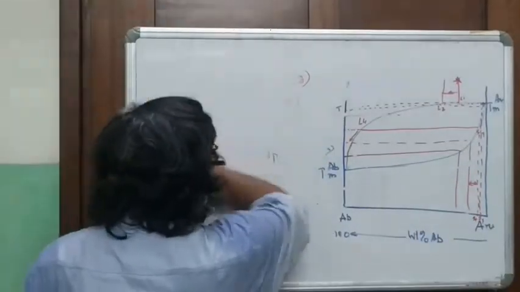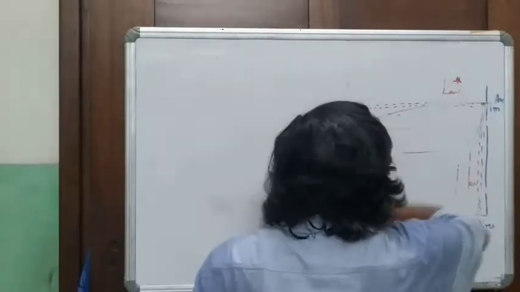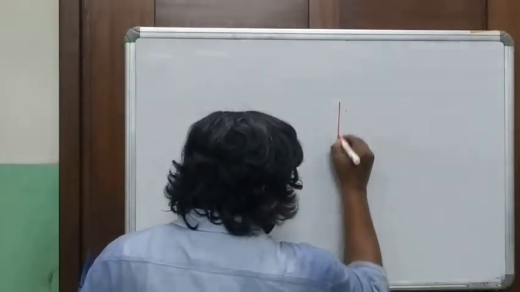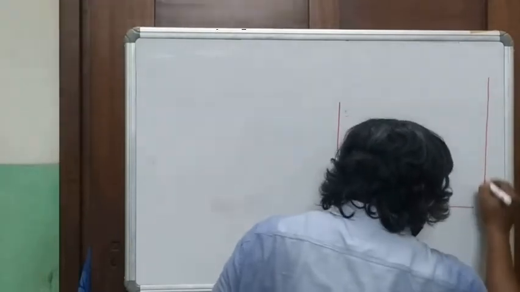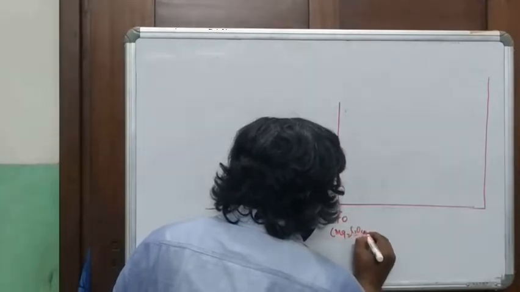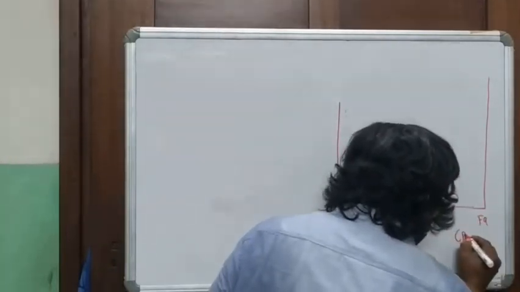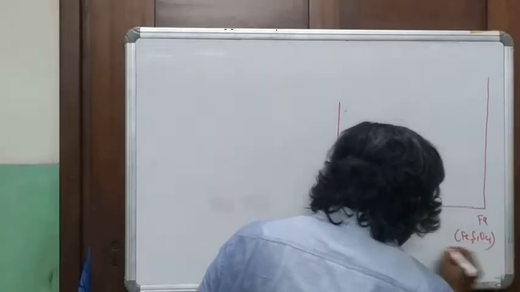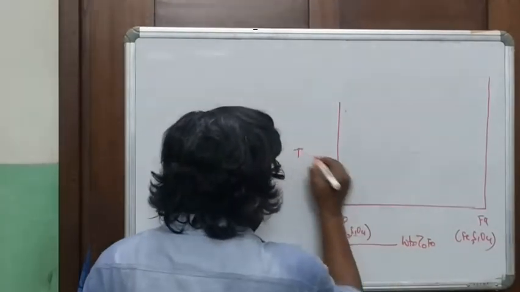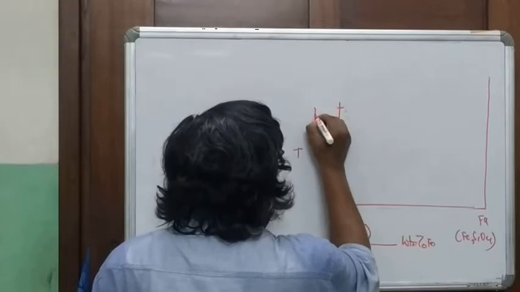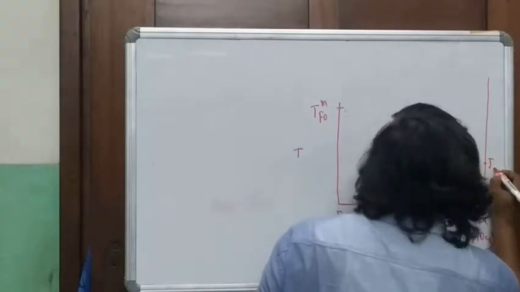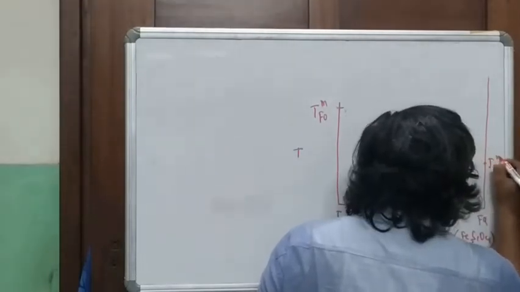But if you take olivine, then it becomes a little simpler. Why? Because olivine... forsterite, meaning Mg2SiO4, and this is fayalite, meaning Fe2SiO4, and this is weight percent forsterite, that means you're in this direction, and this is temperature, the temperature of forsterite melting, and this is the fayalite melting temperature.